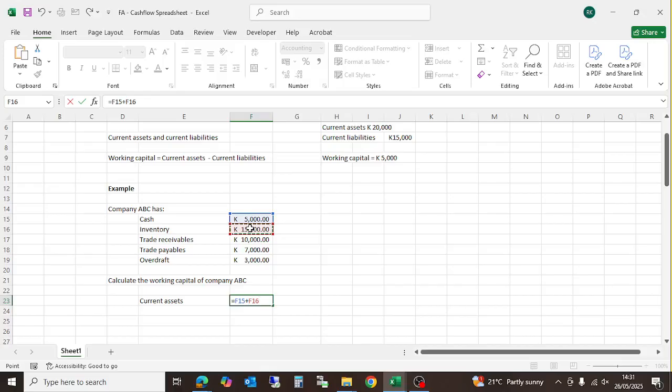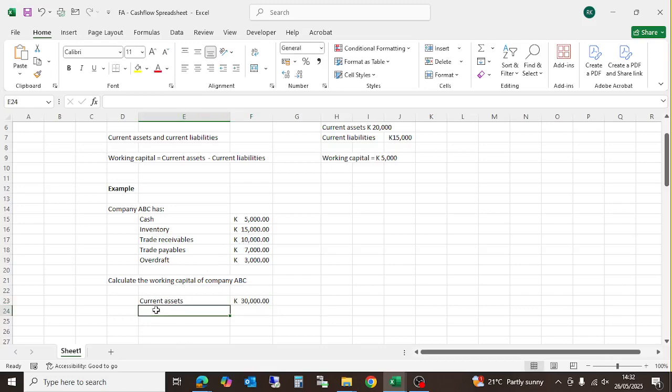We are adding that 15,000. Then we have trade receivables of 10,000. We are adding that as well. It's a current asset. Then let's get our answer for those three. So based on the information, we have total current assets amounting to 30,000.